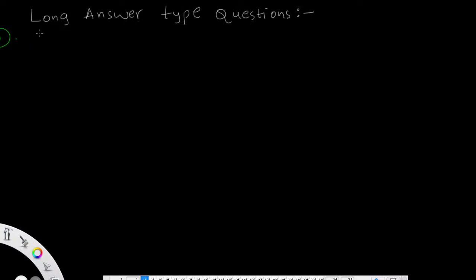If n is a positive integer, prove the following.